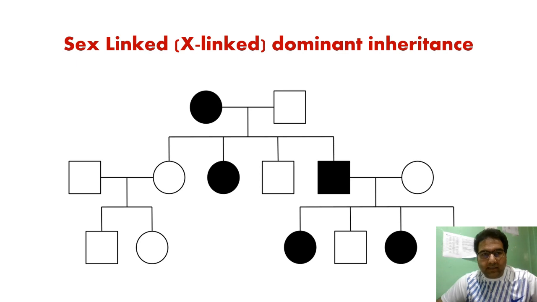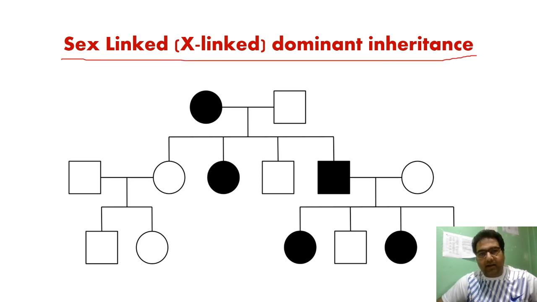Now, when we talk about sex-linked dominant inheritance, or X-linked dominant inheritance, the trait does not skip generations. It is present in generation 1, in generation 2, and in generation 3.